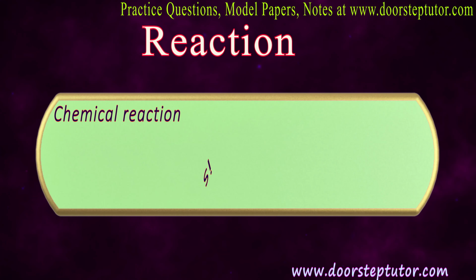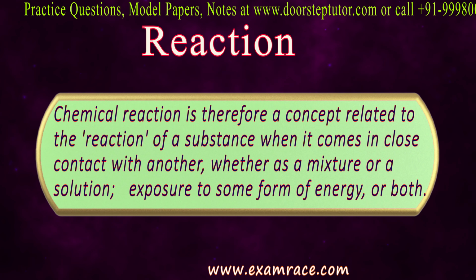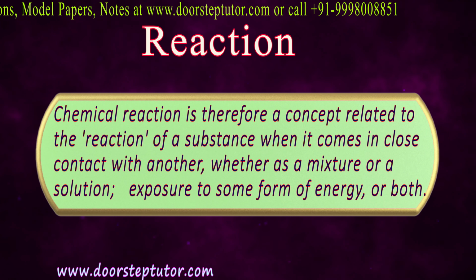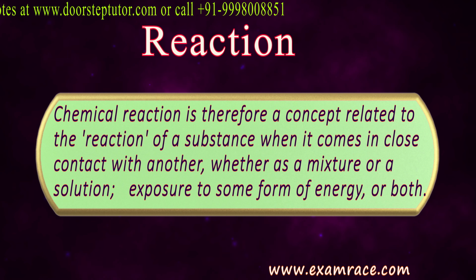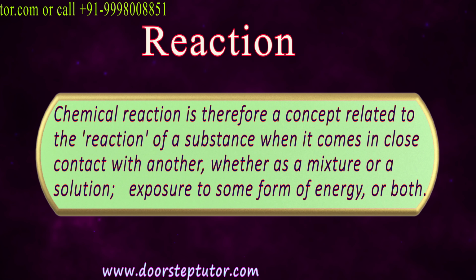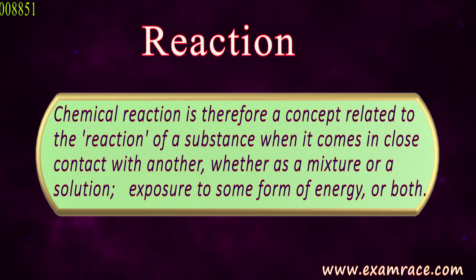Now, a chemical reaction is a concept related to the reaction of a substance when it comes in close contact with another. Now, these substances can be in solution, or they can be exposed to some form of energy, or both.